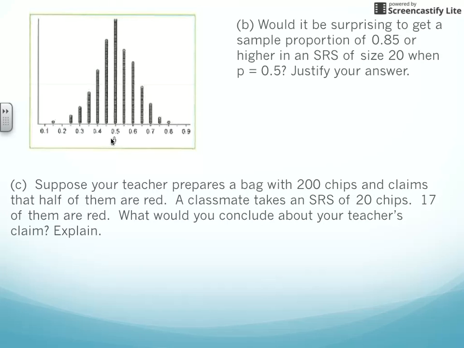As noted above, it is very unlikely to get a sample proportion of 0.85 or higher if your population proportion is 0.5. So if you ended up with 17 out of 20, more than likely your teacher's claim about the proportion being 0.5 is incorrect, or she's lying to you.